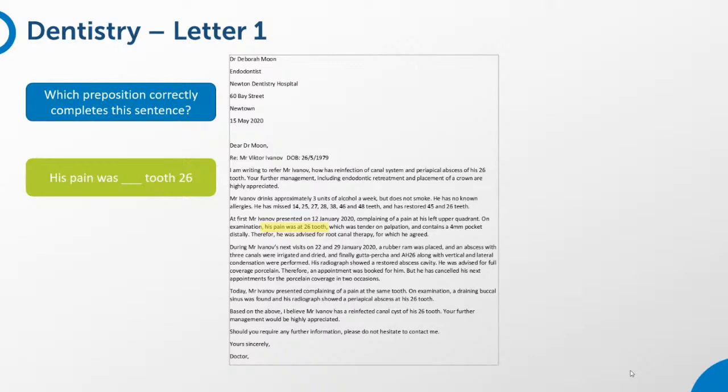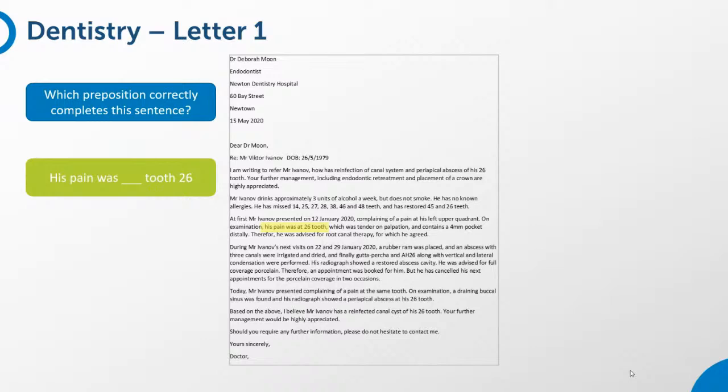Pain is thought of as an internal thing or within a body part. So the correct preposition is "in." "On" is used for external things. So you might have a lump on your arm, for example, because we can see it externally. But pain is considered something internal, and so we use "in" in this sentence. We do refer to pain as being on the left or on the right side.